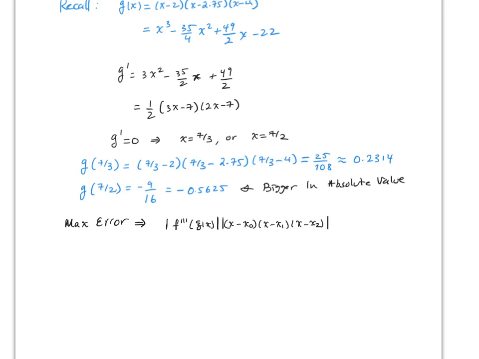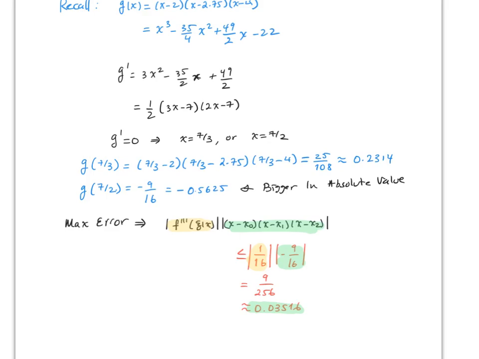So this will be less than or equal to 1 over 16 times the absolute value of minus 9 over 16, which is equal to 9 over 256, which is around 0.03516. Again, remember the maximum this value will be is this, and the maximum this, which we call g of x, will be this in absolute value. So therefore the maximum error will be this.